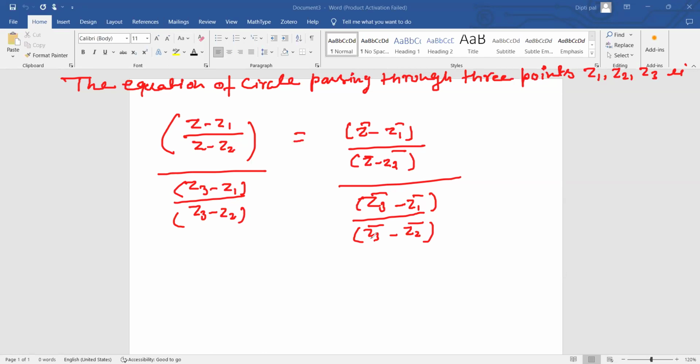If there are 4 points, then just replace Z by Z4. Likewise, we can write it for 4 points.